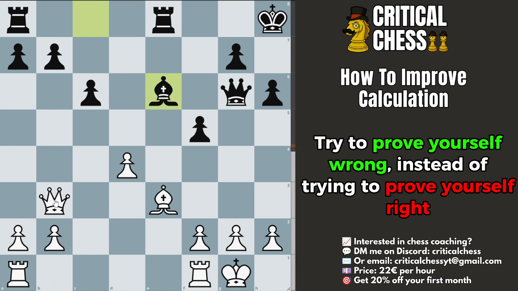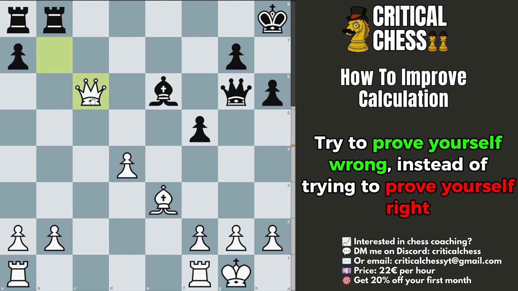And always look at opponent's resources. Just because one line is good for you, just because this one singular line right here is good for you, does not mean that every line is going to be good for you. So keep this in mind and always be objective in your calculations and don't be lazy. Always look for these sorts of ideas.